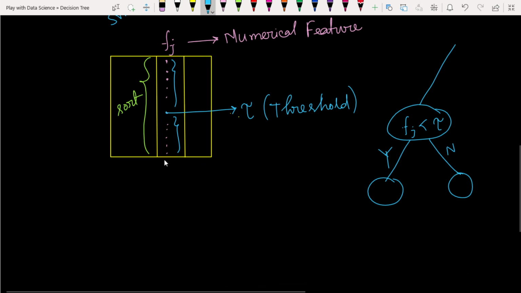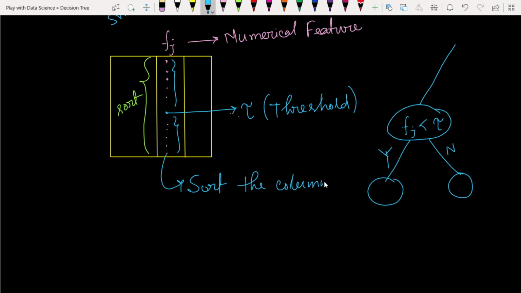First we do the sorting on this column of feature values, and then we find the order. We need only the order. We don't need any distance, how far it is, or what kind of data, and we don't need to standardize to the same scale.